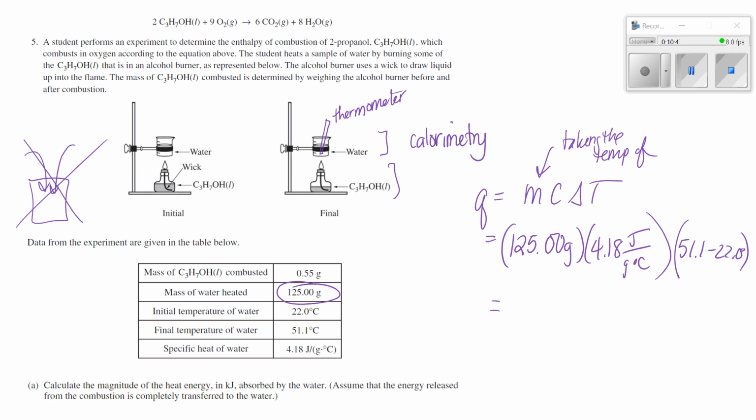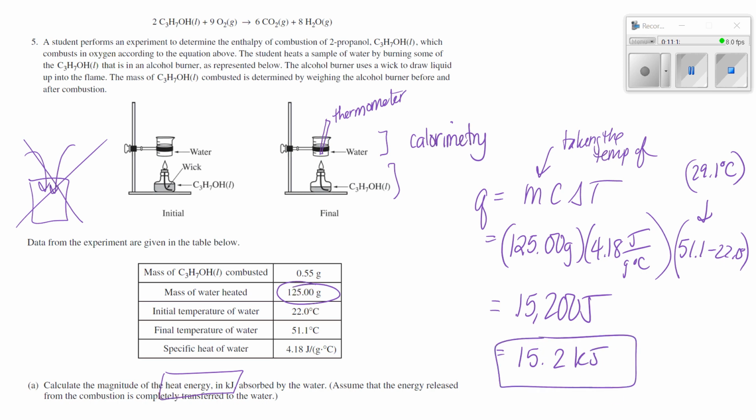And then when you solve for q, you end up getting 15,200 joules. So I just want to write down what this temperature change is. This is 29.1, 3 sig figs. The question asks us, though, to find the energy in kilojoules. So I want to make sure I convert that into kilojoules.